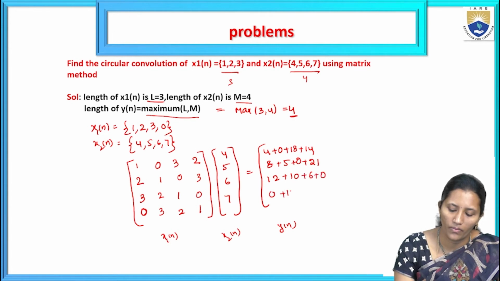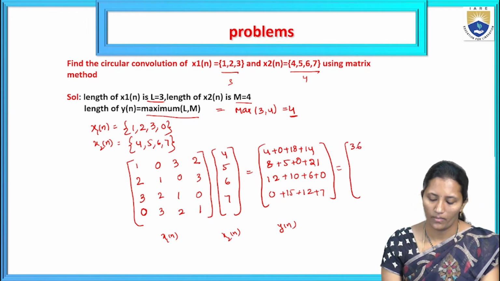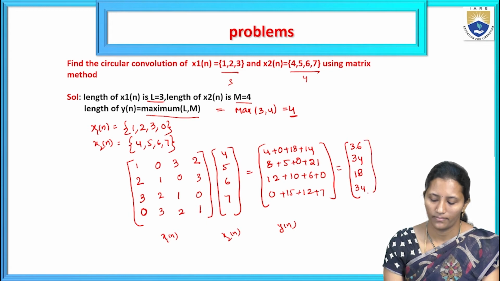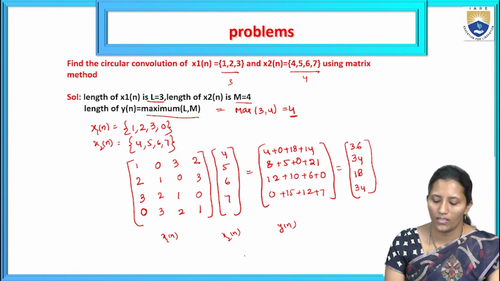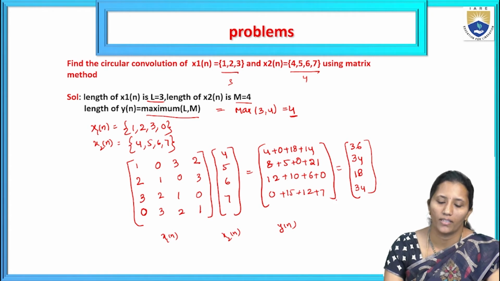Then 0 plus 15 plus 12 plus 7. So here we are going to get the values 36, 34, 18 and this one 34. So these are the values for the output y of n using the matrix method.